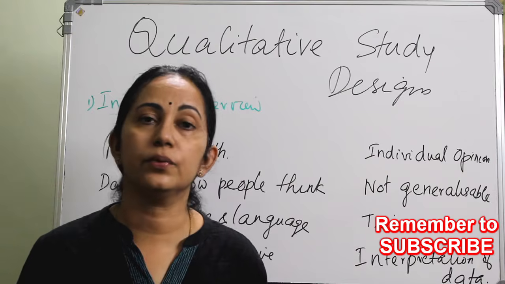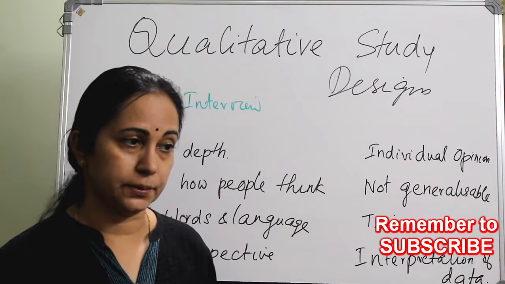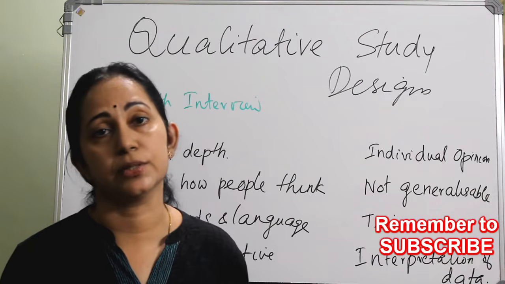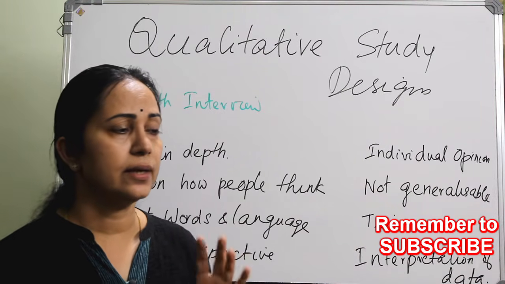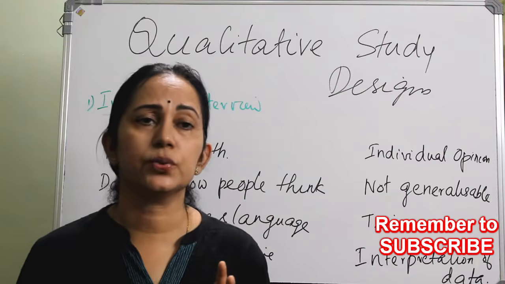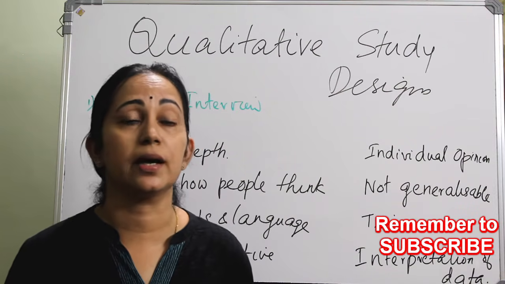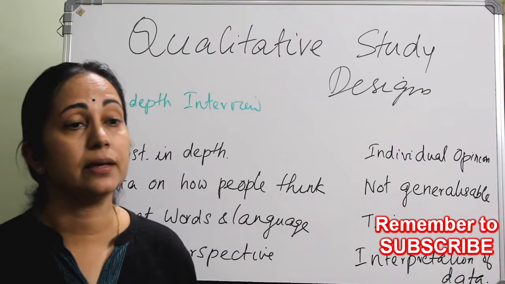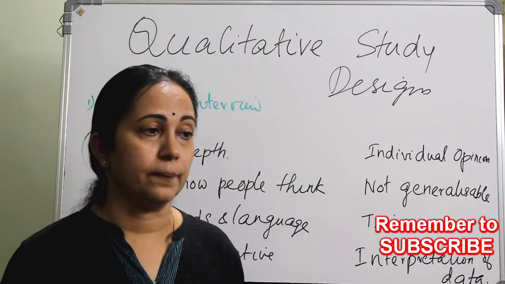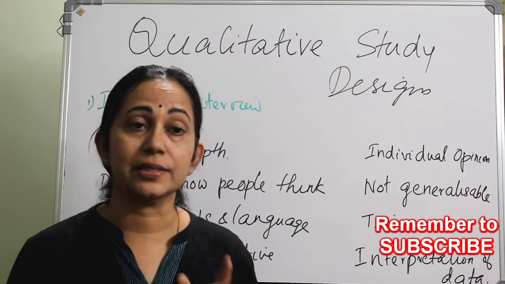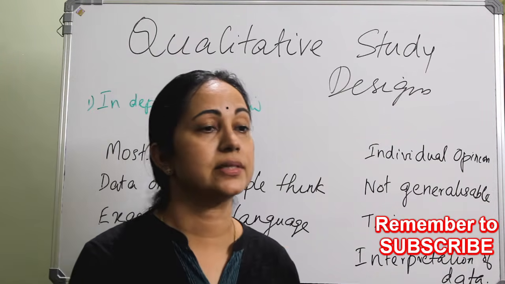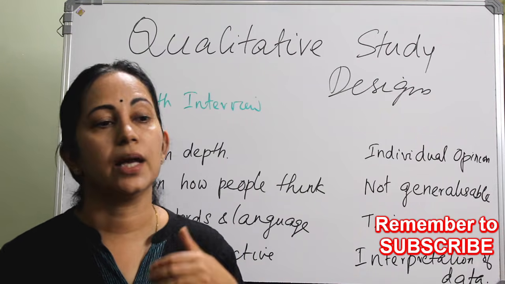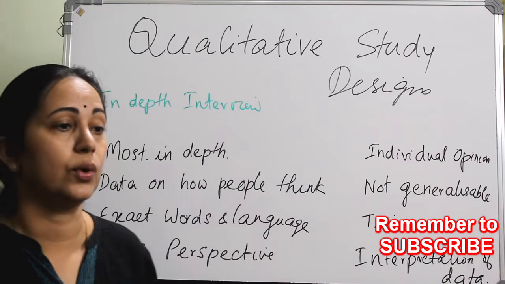The whole interview can be audio taped or video taped, but prior consent has to be taken for that. The investigator should have an idea of what questions have to be asked, and for that the investigator can make an interview guide. This interview guide is a flexible one. It is not a structured questionnaire, but a flexible guide, so that we can guide the interviewee and also ask what we want to ask.